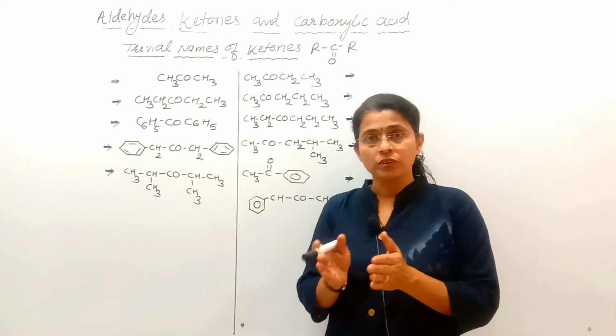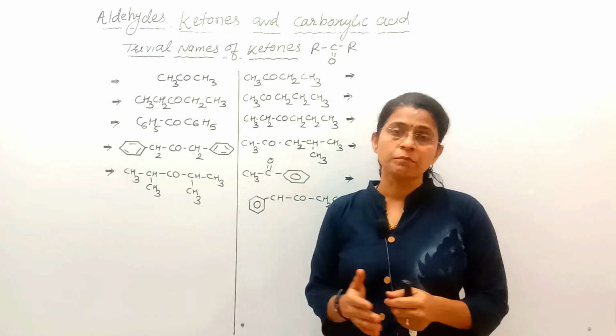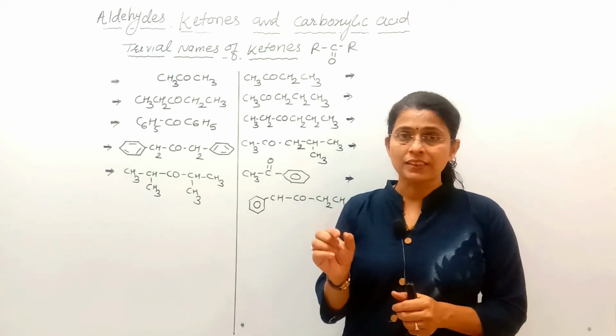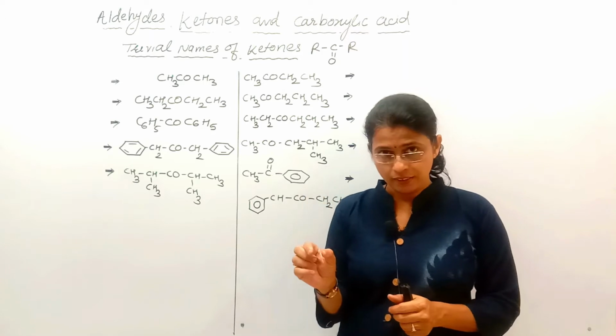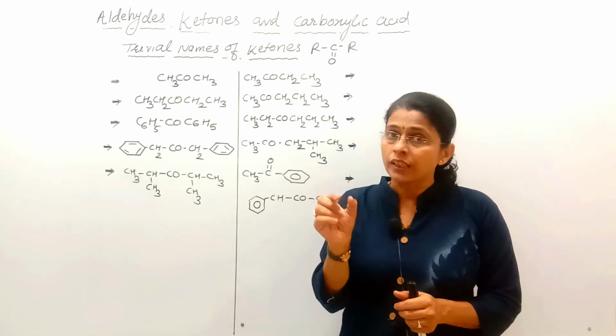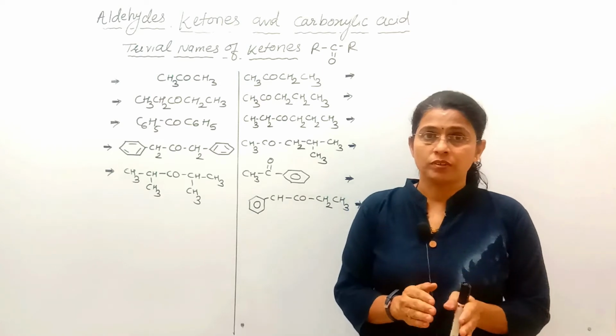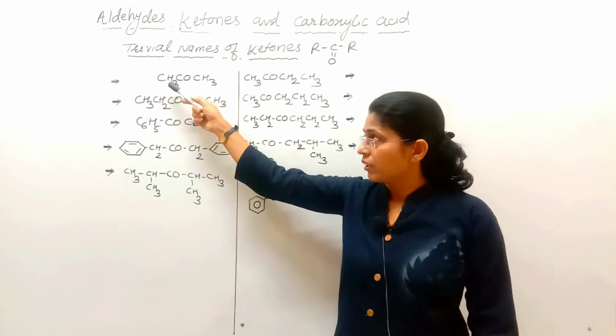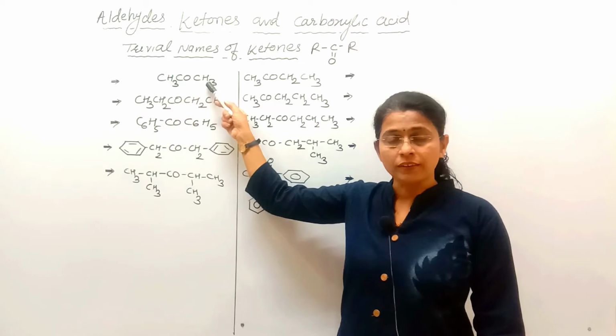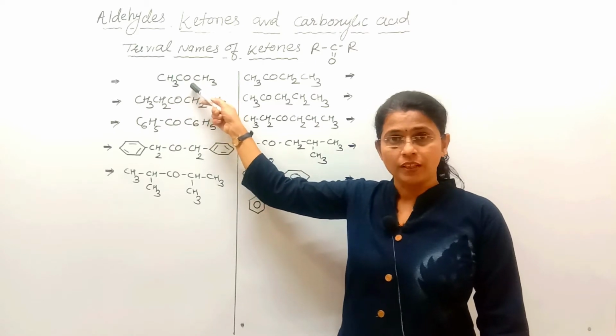When you want to write the common name of a simple ketone, you must write di, then the name of the alkyl group, and then the word ketone. Here you will write dimethyl ketone, right?